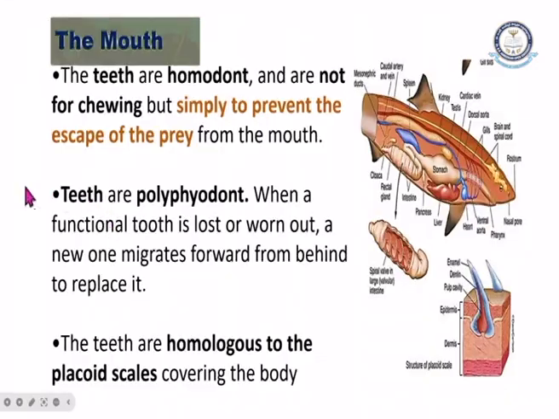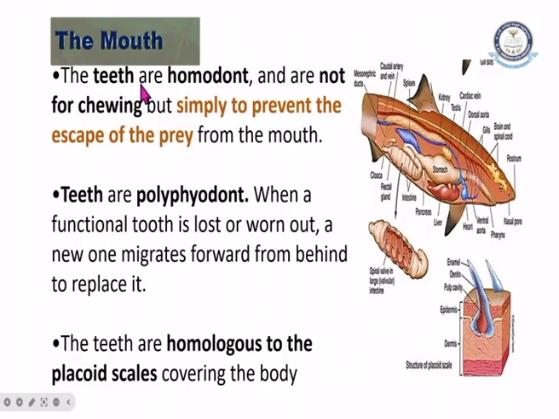Buccopharyngeal cavity is nothing but the mouth cavity. It is a spacious cavity lined with mucous membrane. It contains several rows of sharp, backwardly directed homodont teeth used for grasping, that is, holding the prey rather than chewing. These teeth help to hold the food.